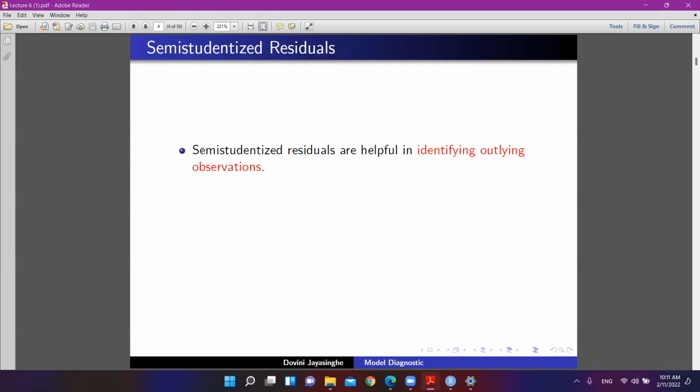Semi-studentized residuals are helpful in identifying outlying observations. Are you familiar with this word, outliers? Outliers means the extreme cases. It is defined as e_i star in notation.